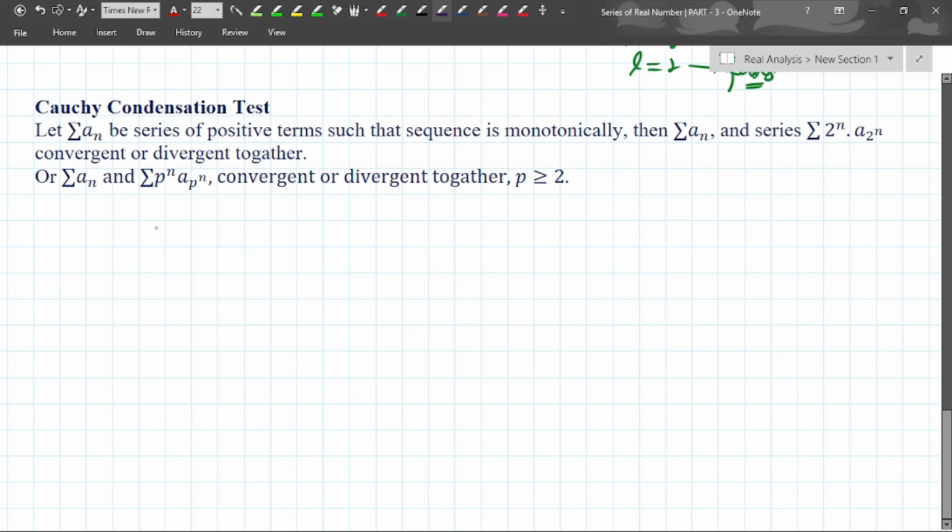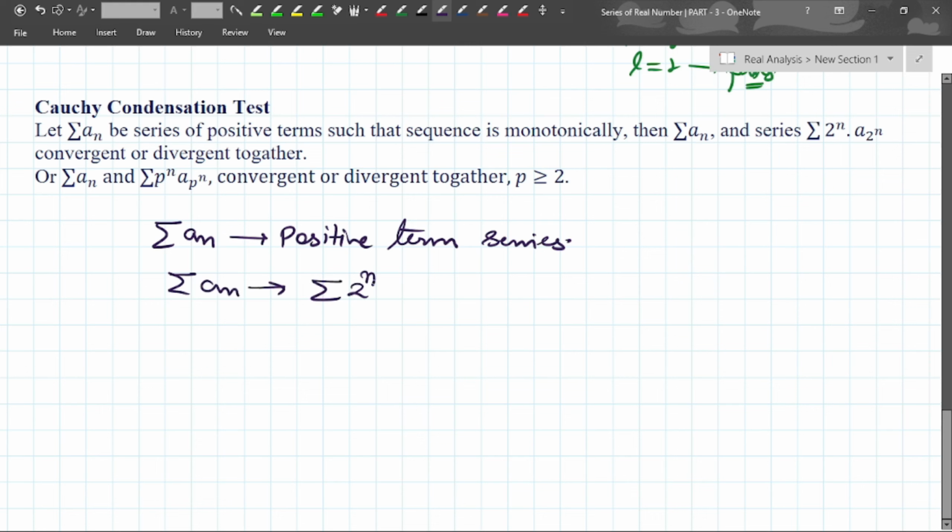If you have a series an that is a positive term series, then the sequence is monotonically decreasing. For a particular kind like a 2 power n, it means my n is equal to 2 power n.